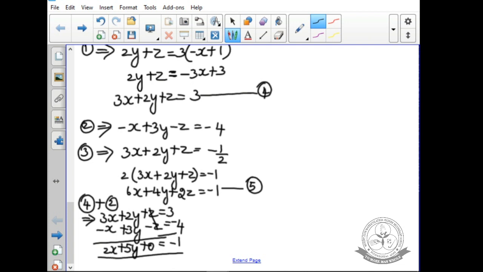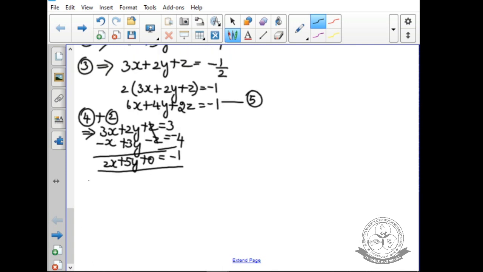So this can be written as 2x plus 5y equal to minus 1. So up to the fifth equation, we take this as the sixth equation.